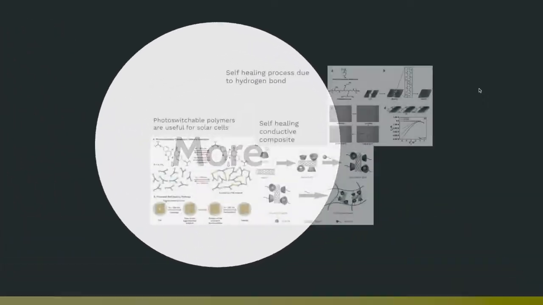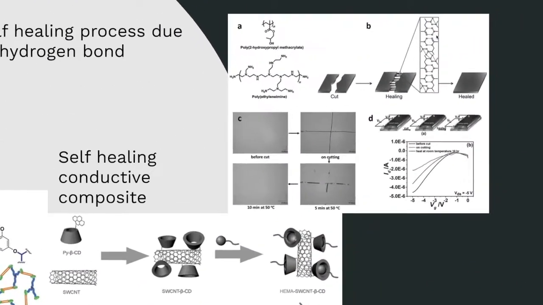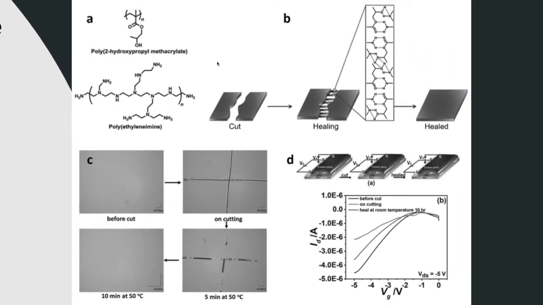And this is the poly(hydroxypropyl methacrylate), PHPMA. You usually see that name. And then polyethylene imine, PEI, cut, and then healed. It is healed by the hydrogen bonding here, as you can see, HO here. This is all hydrogen bonding. And this is the optical microscope.